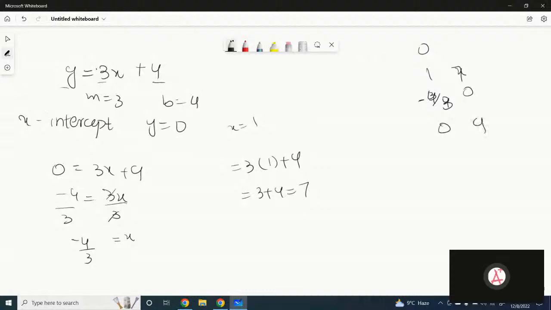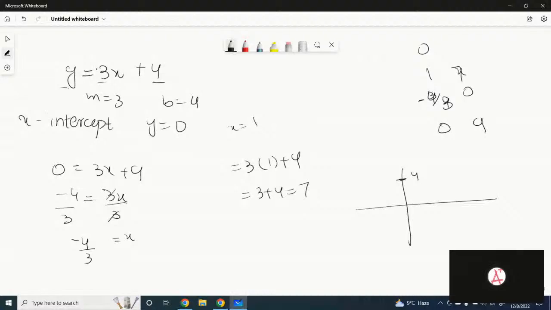And for the y-intercept, x is 0 and y is 4. So just use these points. The first one is 0 and 4. X is 0, y is 4. Here you have y is 4. The second one is when y is 0, x equals negative 4 over 3. Negative 4 over 3 is about negative 1.3.